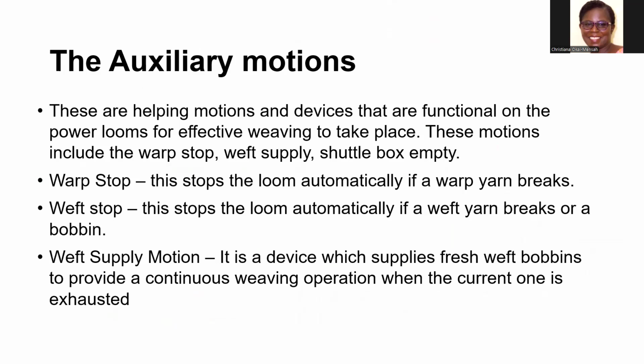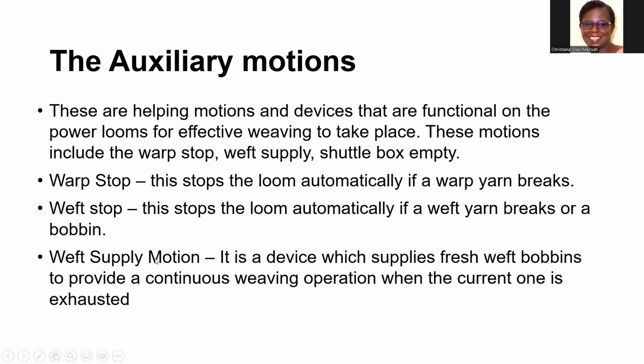And for that matter, if there is a yarn break or the bobbin is finished, the loom cannot tell you because there's no human being sitting at that time. So they have put in mechanisms that will indicate that there's a problem. So come and fix it so that I can move on with the weaving. So these mechanisms are called auxiliary motions.